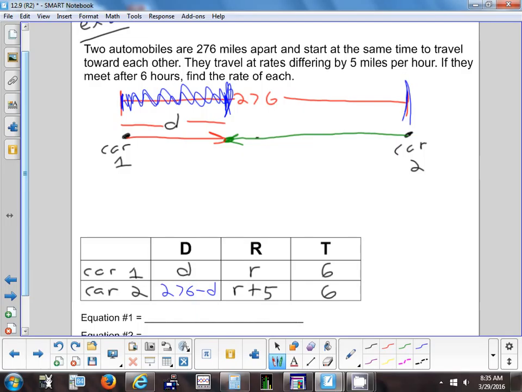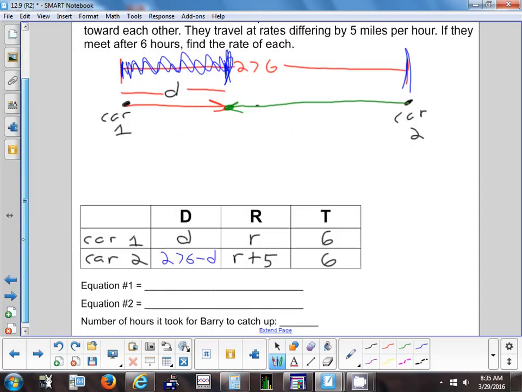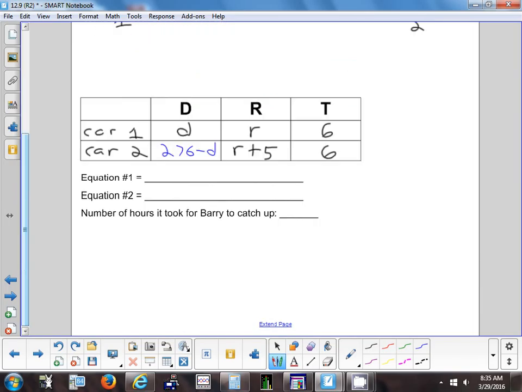And that is tricky. Okay, so now we've got our equations. Let's set them up. Keep in mind we're going to use this equation each time. Just fill in your distance from row 1, your speed from row 1, and your time. Basically, you just put an equal sign right there, and there's your equations.